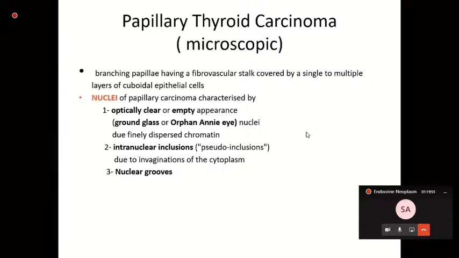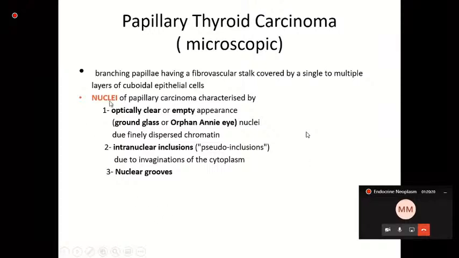Yes. Because sometimes, you know, we can see papillae in Graves' disease, but it doesn't have these features. So the important thing, if we see papillary structure, we have to look for optically clear nuclei, intranuclear inclusion, and nuclear groove to diagnose thyroid carcinoma.